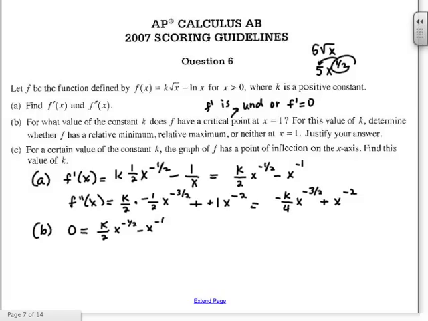In this case it might be a little easier to look at it with denominators. So this is k over 2 square root of x minus 1 over x. Already I can tell it's undefined when x equals 0. So this is a critical point.